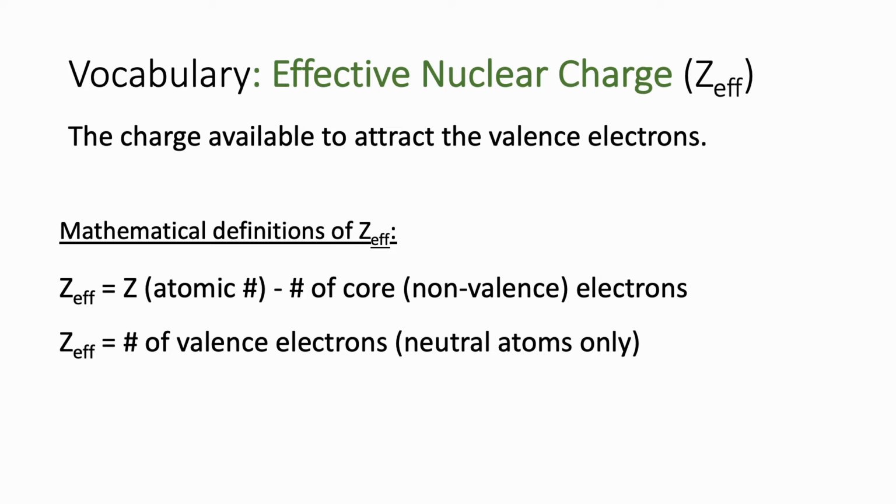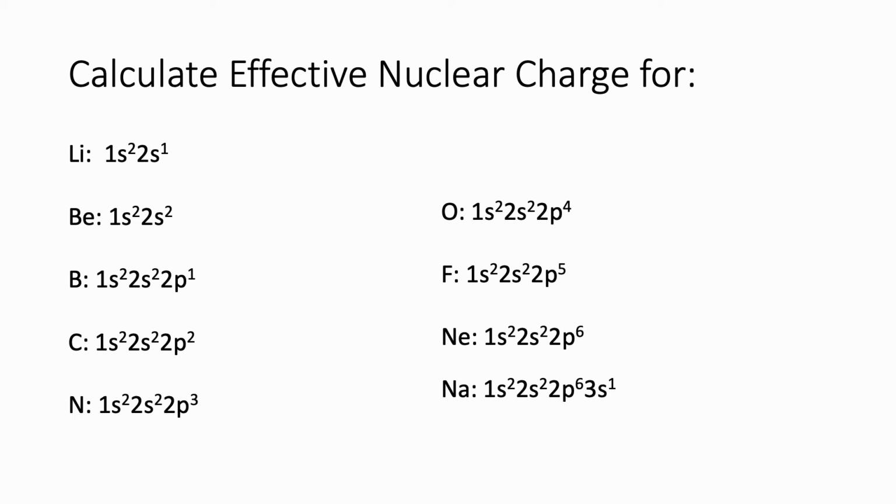And that is only true if you have a neutral atom. If you're talking about an ion, which we will be talking about very soon, then that is not the case. So the first equation is the most correct equation, but if you're talking about a neutral atom, you can shortcut with the second equation.